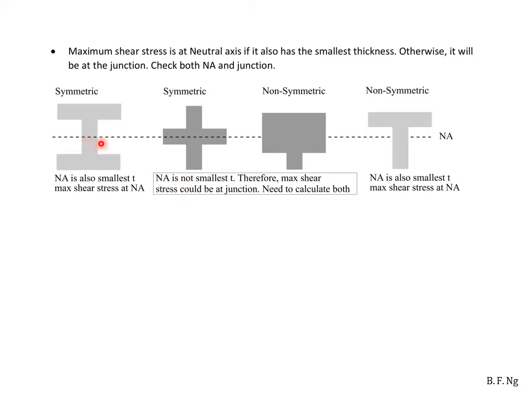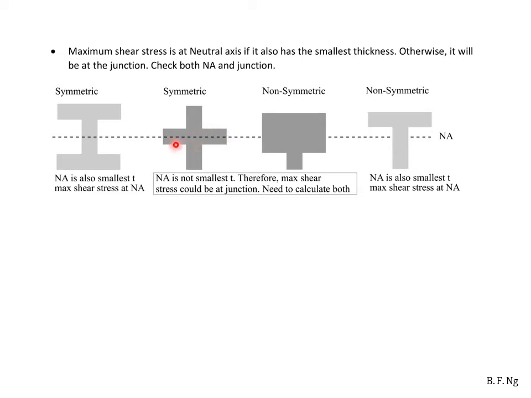For the I-beam itself, the neutral axis also has the smallest cross-section or the smallest value of T. Therefore, the maximum shear stress is at the neutral axis. For this plus sign, which is also symmetric, the neutral axis does not have the smallest T or the smallest cross-section. Therefore, maximum shear stress will be at the junction.